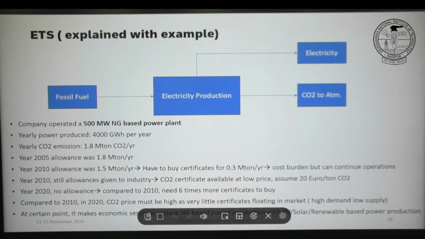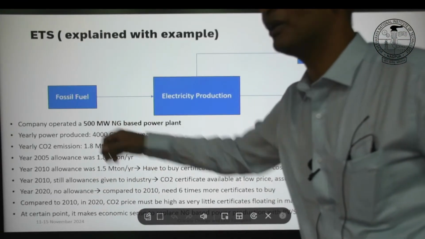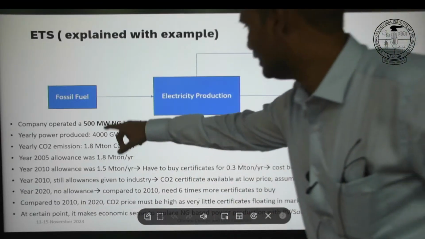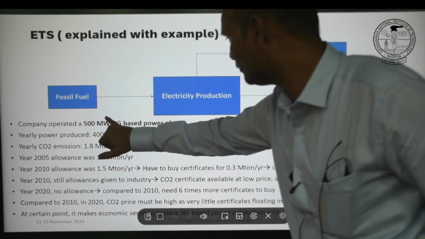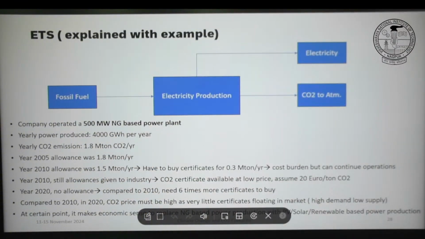Suddenly the ETS came in, and in 2010 they told you are allowed only 1.5 tons per hour. So now you have two options: either reduce the capacity of your plant to maybe 420, 430. In the same ratio, 500 is for 1.8, so 420 would be for 1.5. That is fine, but you have an installed capacity of 500 megawatt and you are producing only 420.